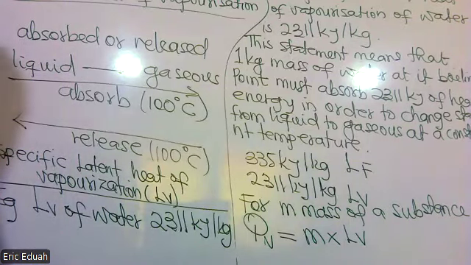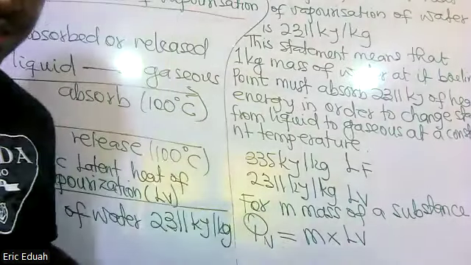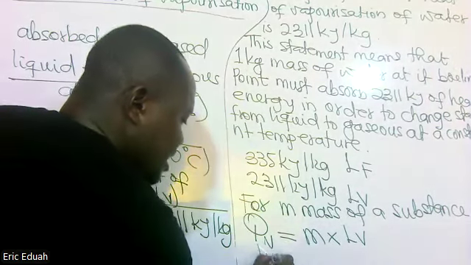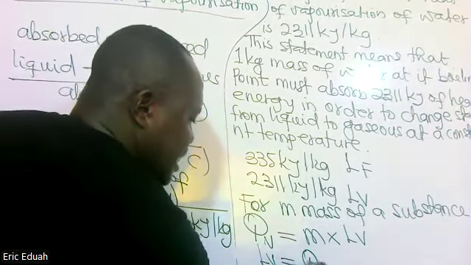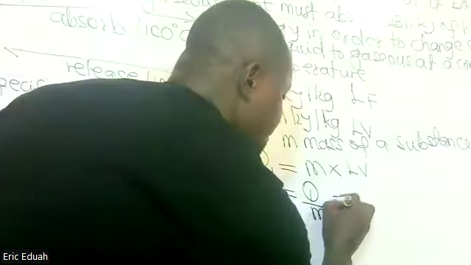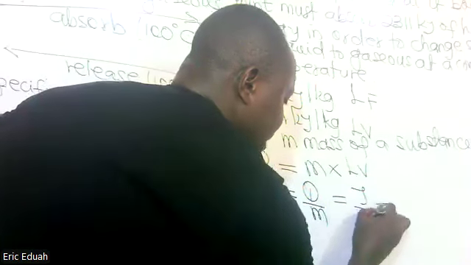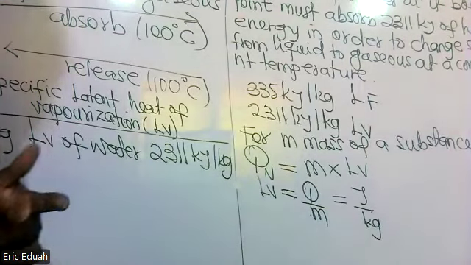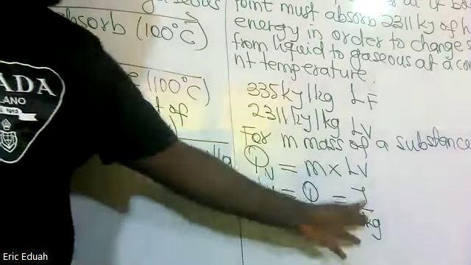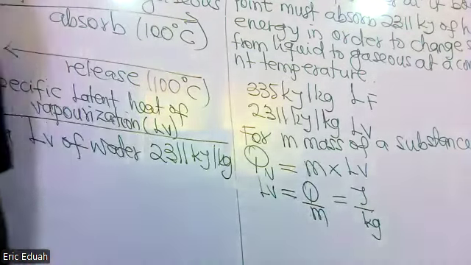Don't forget, any change of state occurs at a constant temperature. So the SI unit for specific latent heat of vaporization is the same as the specific latent heat of fusion, which is still joules per kilogram. But because of its huge value, we often express it in kilojoules.